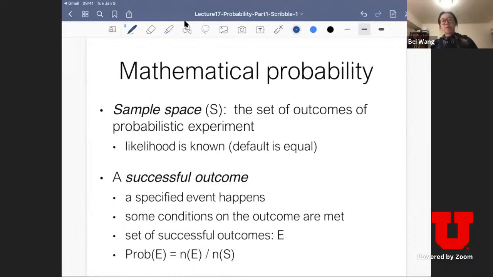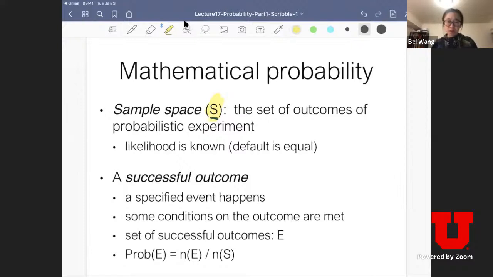When we study mathematical probability, there are essentially two fundamental concepts which give you the probability of an event happening. The first is S, the sample space, which is the set of outcomes of the experiment. By default, we assume each outcome has an equal probability; later on, we'll see examples where they don't.